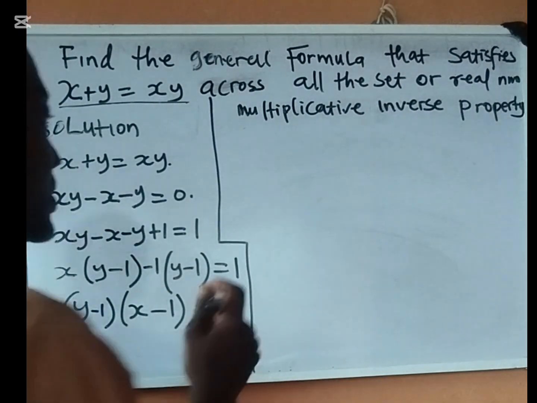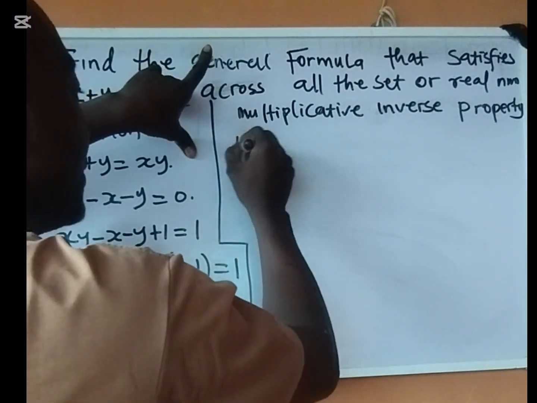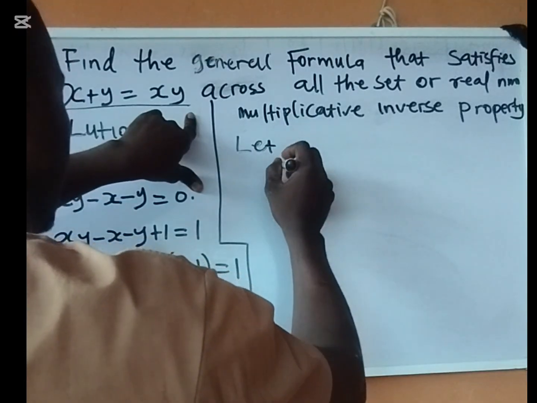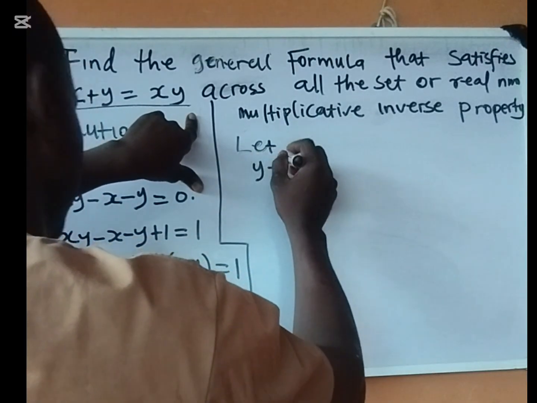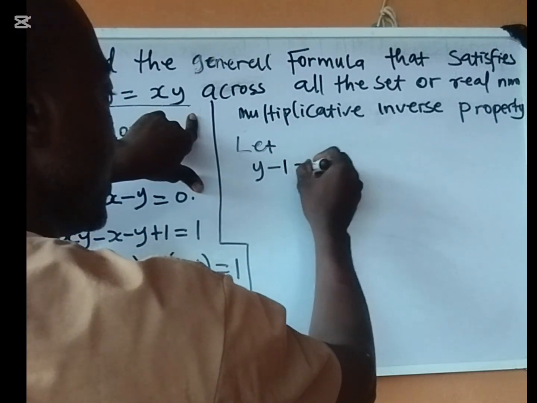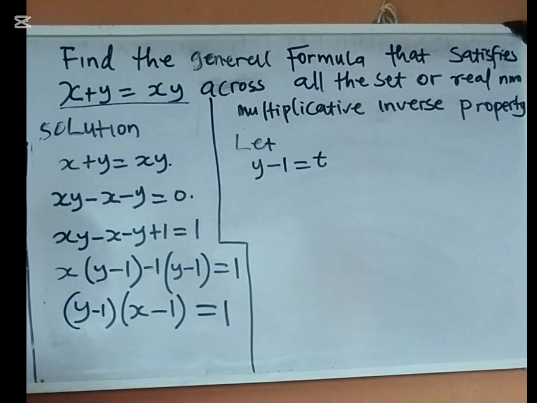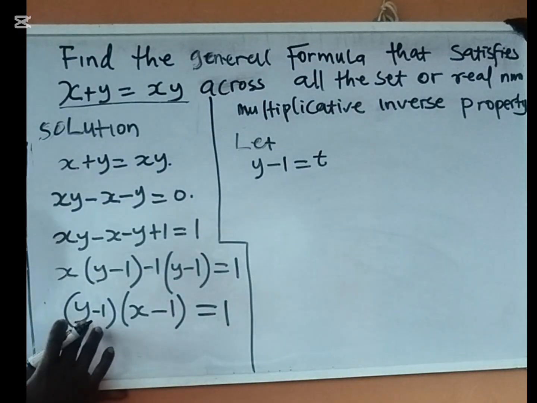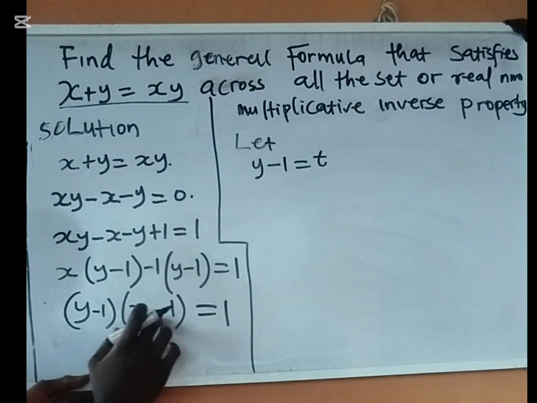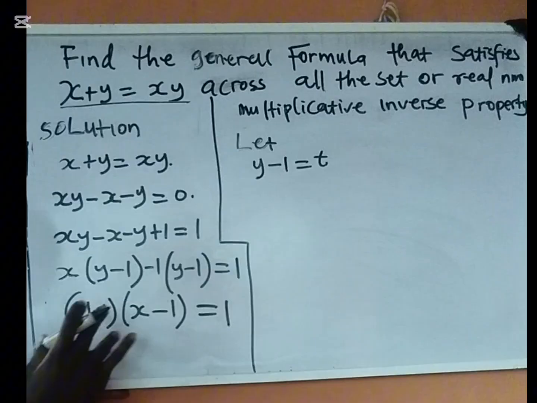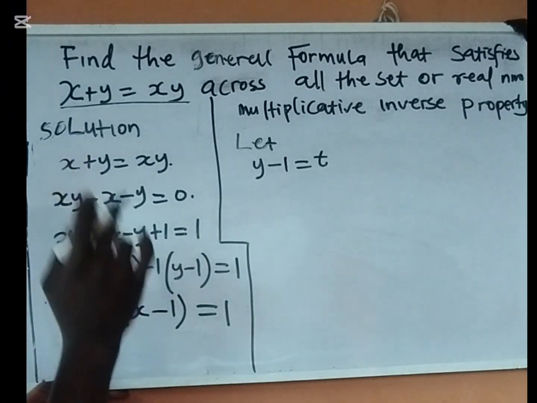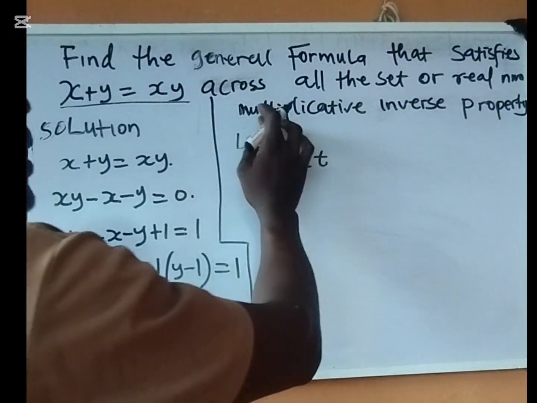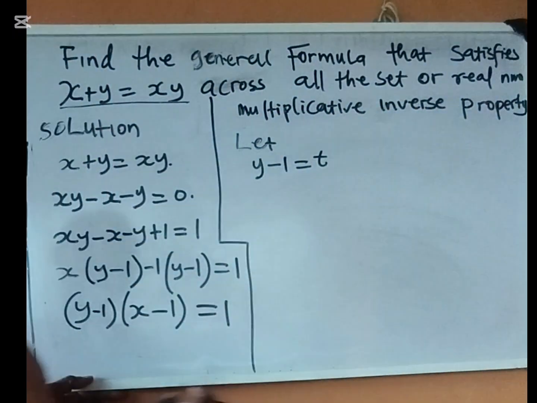What I'm going to do is introduce a parameter. I will let y minus 1 be equal to t. If y minus 1 is equal to t, and x minus 1 times y minus 1 gives me 1, the only way I can get this correctly is by applying the multiplicative inverse property.